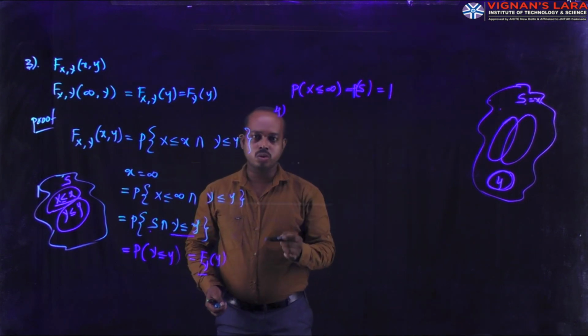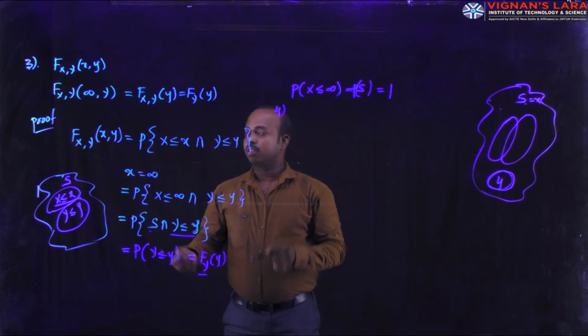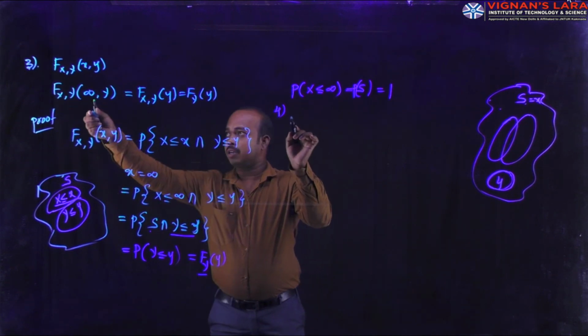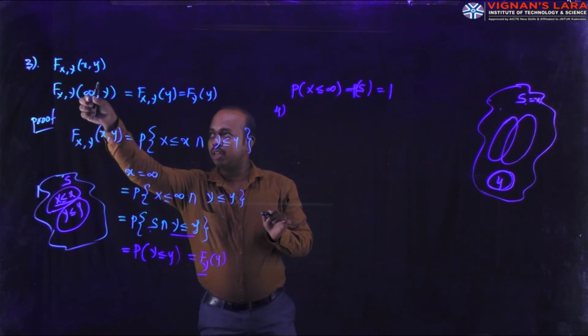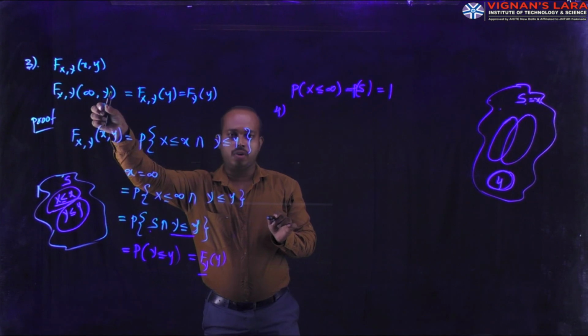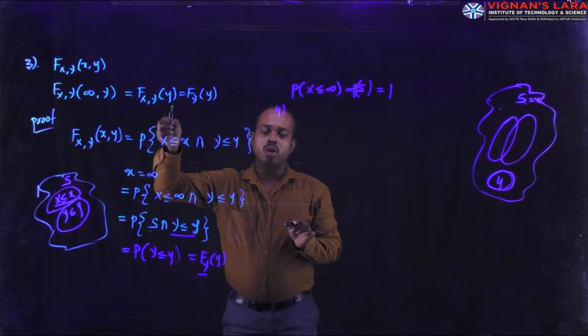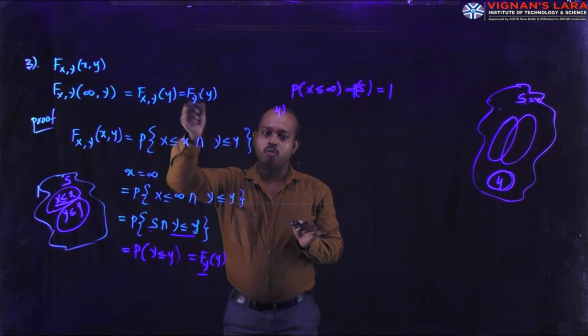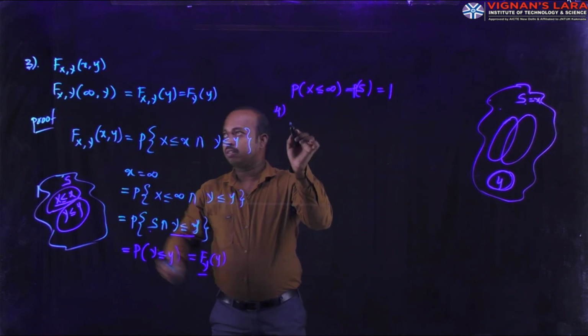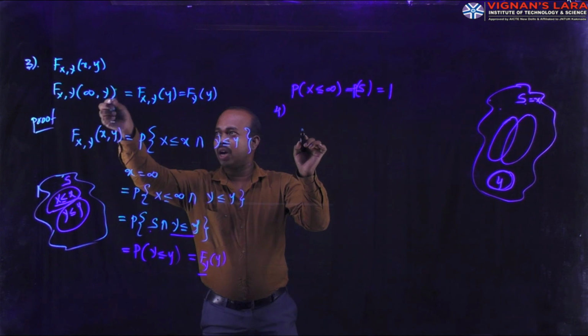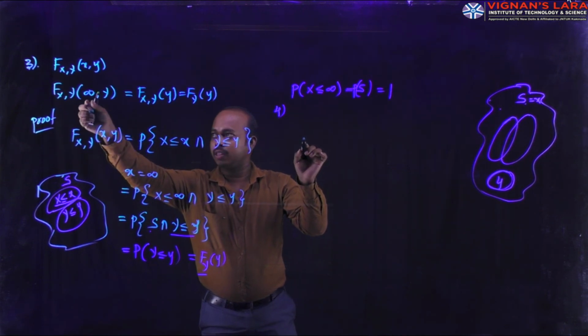This one is similar to the third. In the third property, we made the x value infinite and obtained the y value. Now set the value of y to infinity, and we can obtain x.